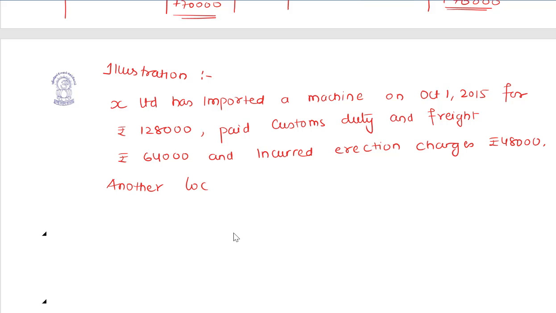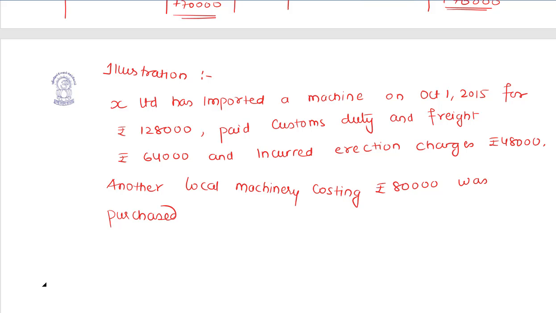Another local machinery costing rupees 80,000 was purchased on 1st April 2016.